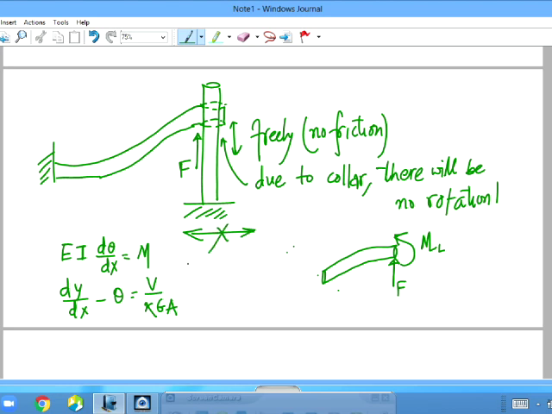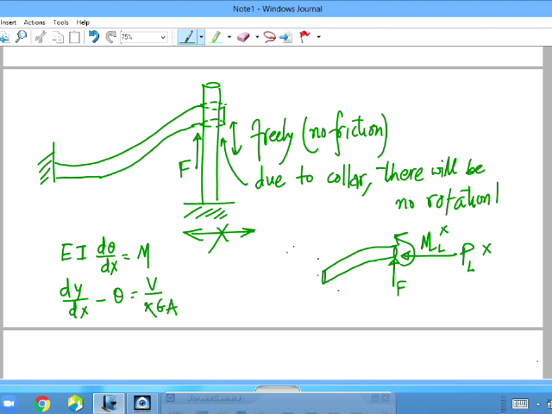So even this end of the beam cannot move axially. That means the pole must exert a force in the axial direction on the beam, right? So you have a reaction force even in the axial direction, and that's also an unknown. So this is an unknown, and ML is also an unknown.